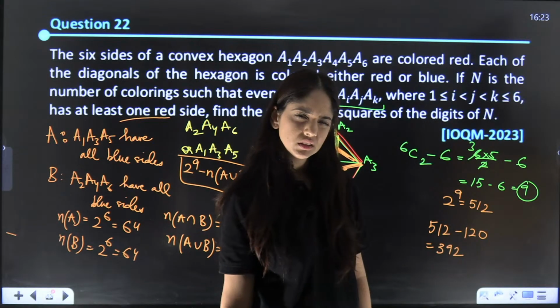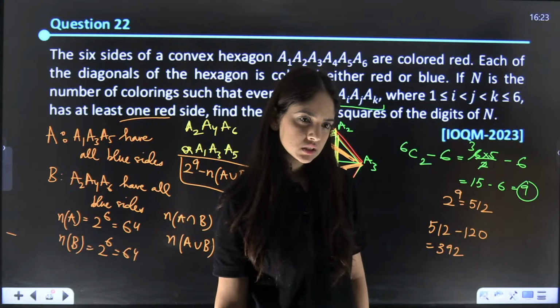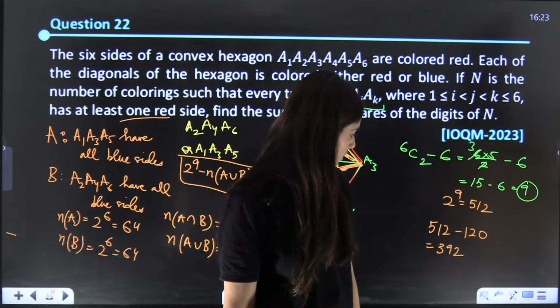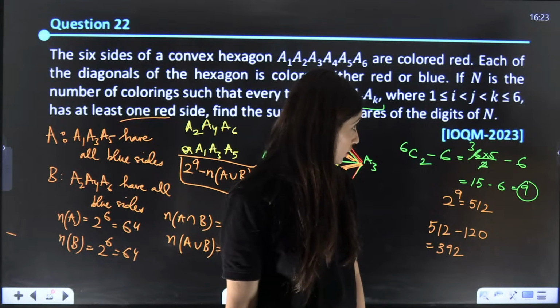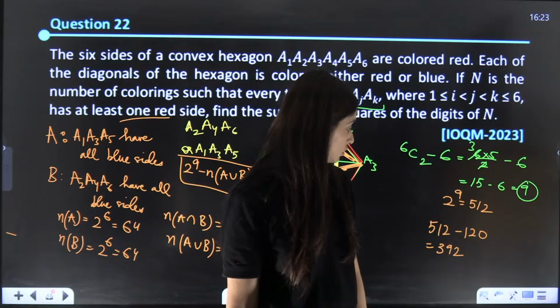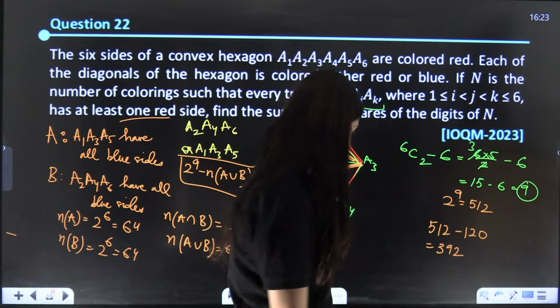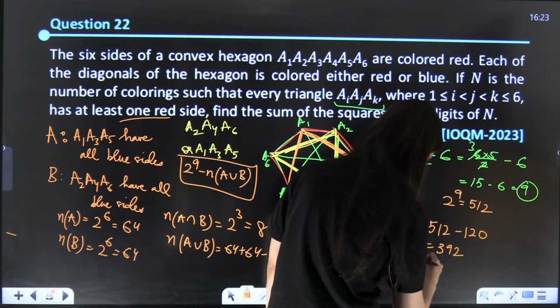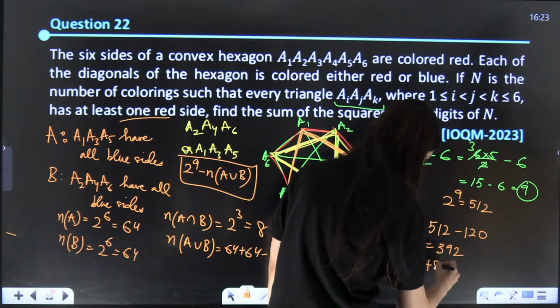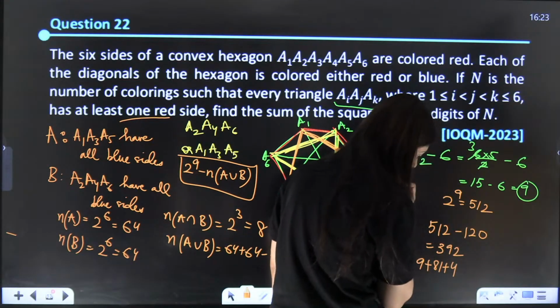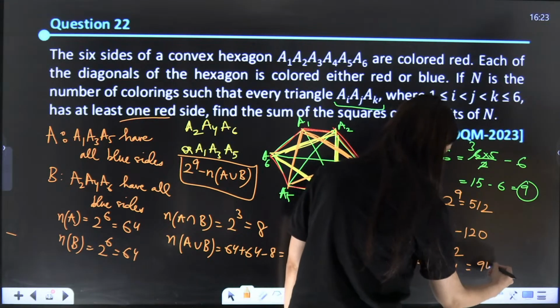Is that it? Three, nine, two, 392. And let's see the sum of squares of these digits, if we got it right. 9 plus 81 plus 4, that is 94.